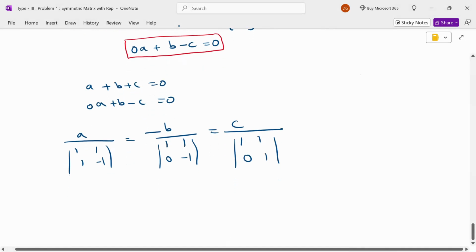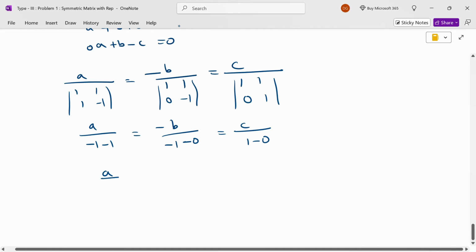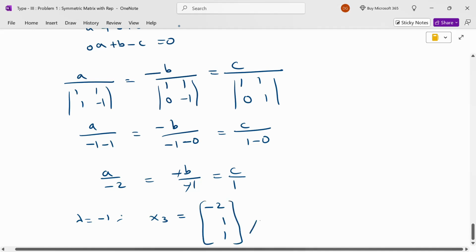Therefore a by minus 1 minus 1, minus b by minus 1 minus 0, and c by 1 minus 0. Therefore a by minus 2, b by minus 1, c by 1. The minus will cancel, so for lambda minus 1, the third eigenvector is minus 2, 1, 1. This is our third eigenvector.